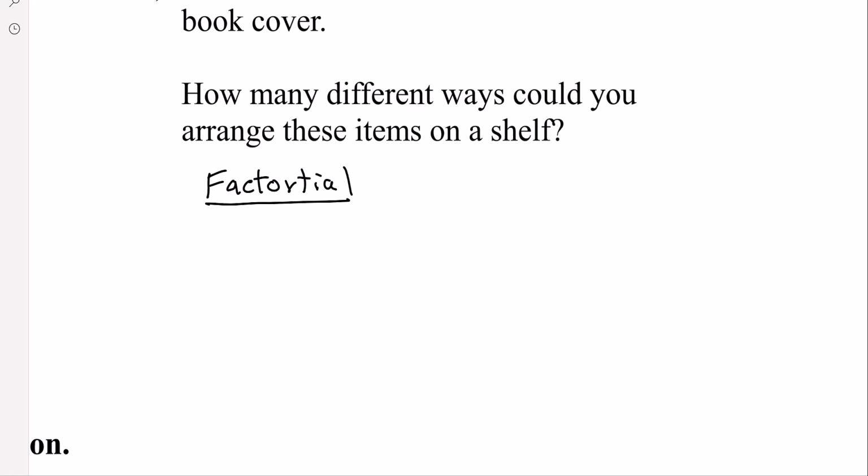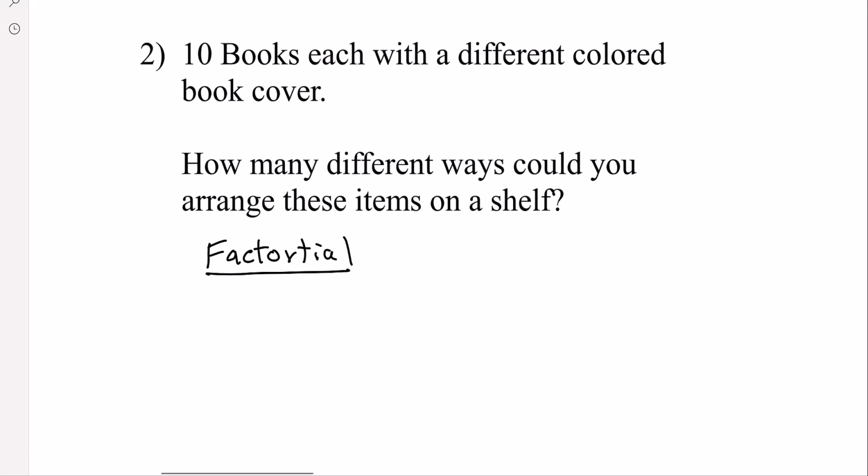Factorial. So when you're arranging, we're just saying, hey, we've got these 10 books. They're different colors. How many different ways? So 10 times 9 times 8 times 7 times 6 times 5 times 4 times 3 times 2 times 1.